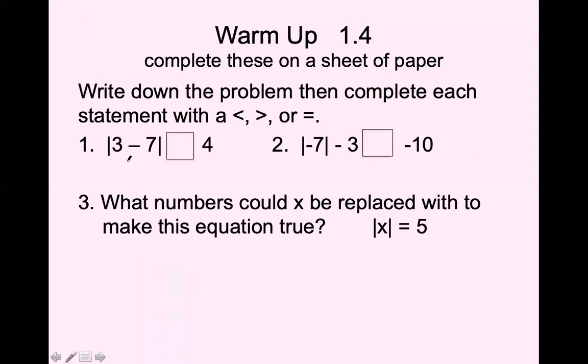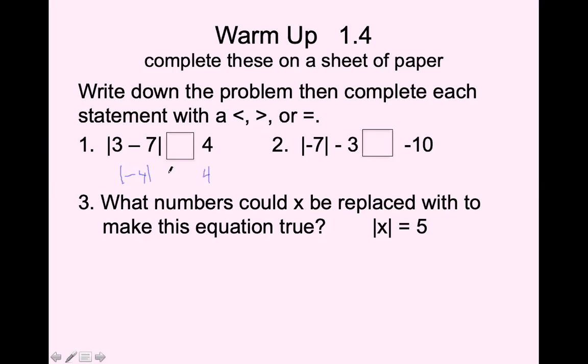So this first one, I start by simplifying inside the absolute value. 3 minus 7 is -4. So in this case, it's asking the absolute value of -4, and over here we have 4.